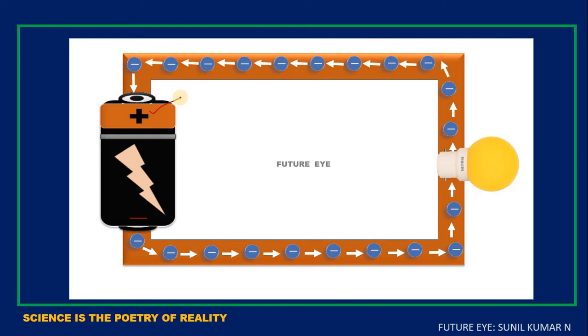Electrons have negative charge. Hence, electrons flow from the negative terminal to the positive terminal. It means it is flowing in this direction. Keep it in mind, children.